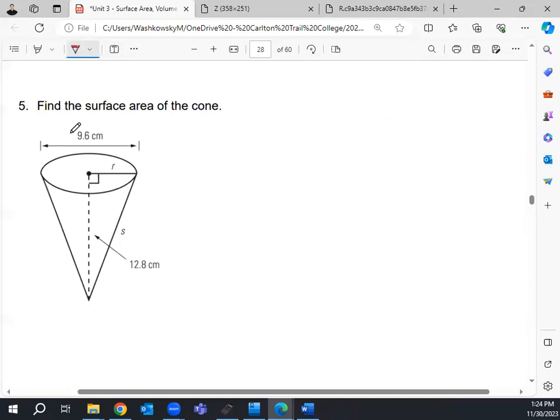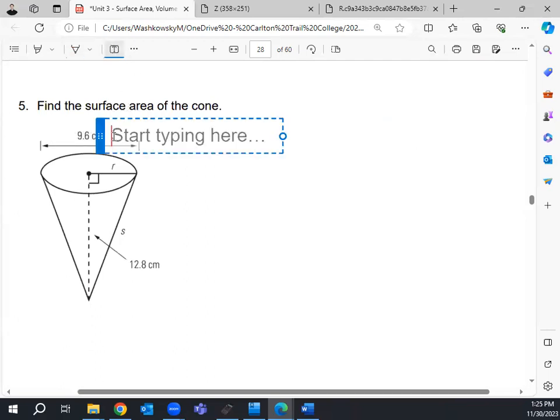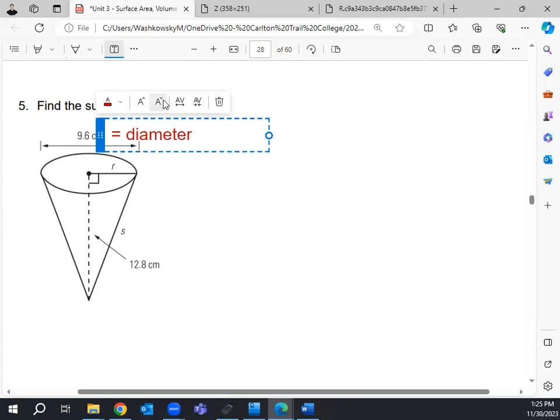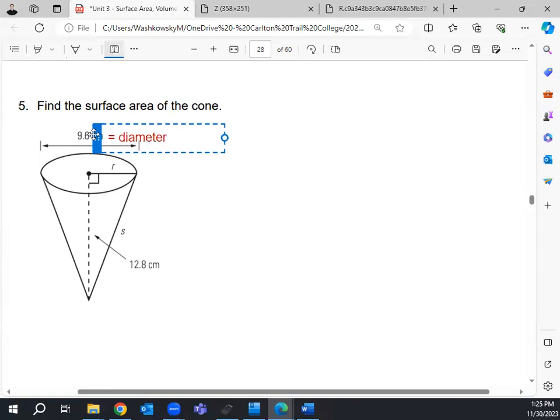So first off, I'm just going to go through that radius thing here. 9.6 is the diameter. Which means if I divide that by 2, 9.6 divided by 2 is going to be 4.8. That is going to be the radius. I'm just really quickly putting that in there.